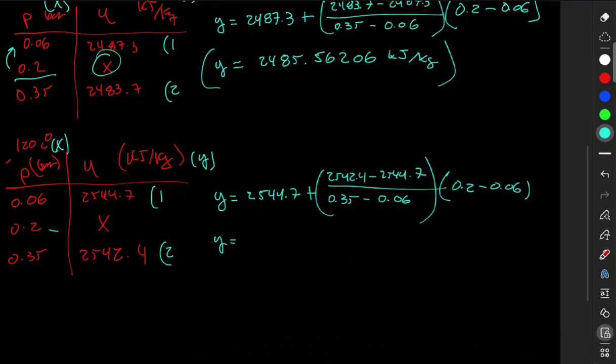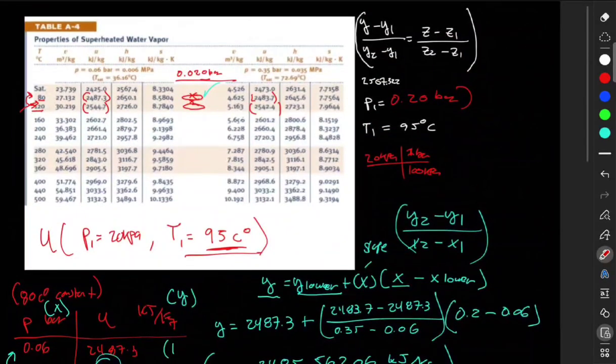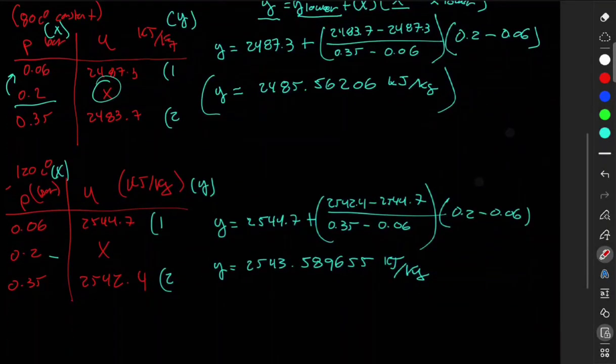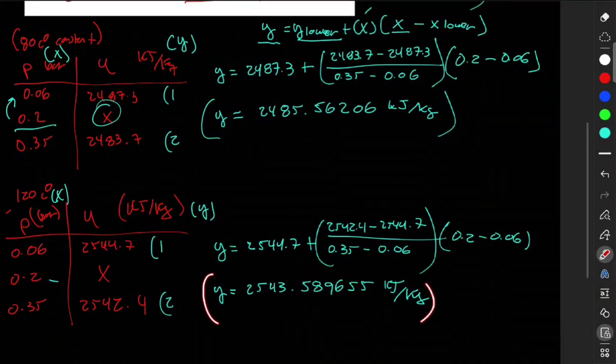I got 2543.589655 kilojoules per kilogram. Another note that you want to make sure of is, when you're doing these calculations, keep the whole number in the calculator, and when you're done with the problem, round to the nearest sig fig, which here we have, let's see how many numbers we have here. We got 1, 2, 3, 4, 5. Yeah, 5. But when you're doing intermediate calculations, make sure you keep the whole number.